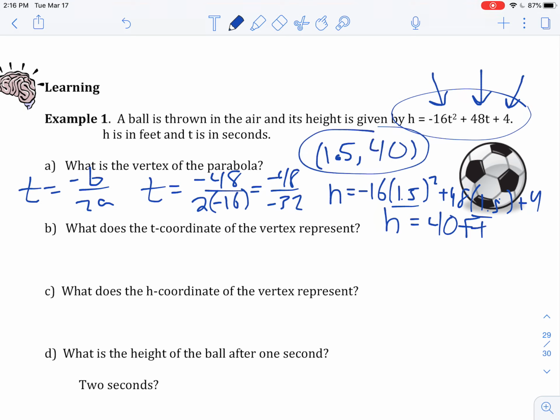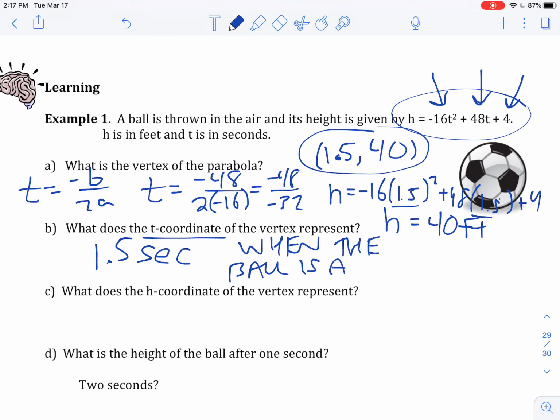Okay, that's the vertex. It says, what does the t coordinate of the vertex represent? That 1.5 is the time. That is when the ball is at its maximum height.